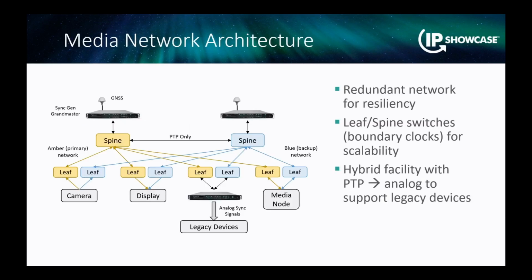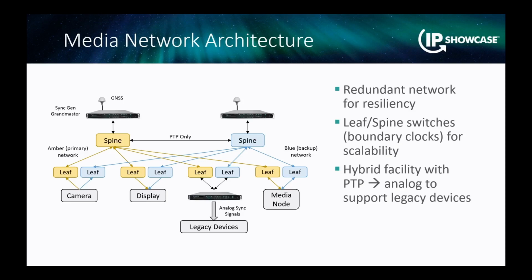And specifically, I would say the common architecture that you're seeing in media networks is something like this, where at the top we've got our grandmasters. So these are the leader clocks that are typically synchronized with GNSS systems. GNSS is the umbrella term that includes GPS from the United States and the other satellite systems elsewhere in the world.